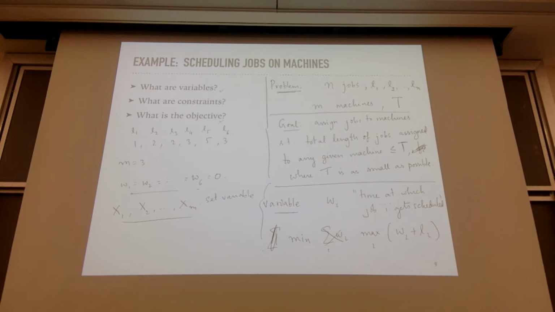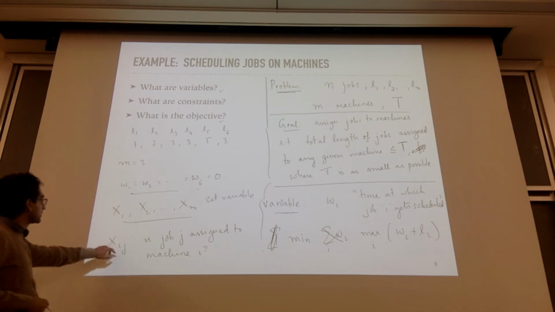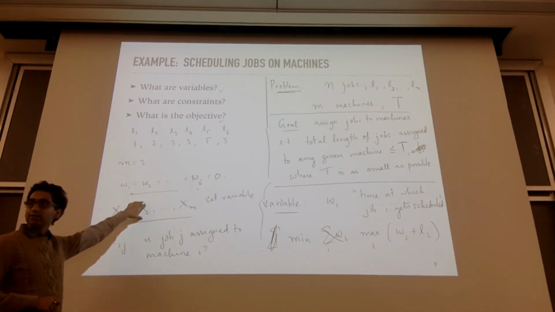So maybe you could expand on these and say that instead of just x1 through xn, suppose I have x_ij that denotes is job j assigned to machine i. So this is now a Boolean variable. So this would be a more realistic way of implementing this idea.